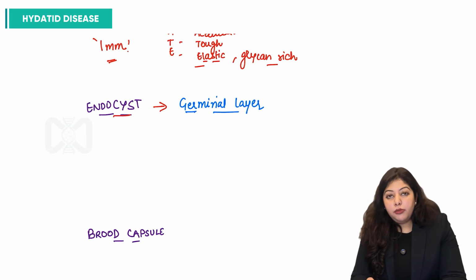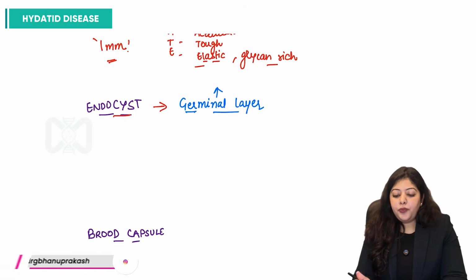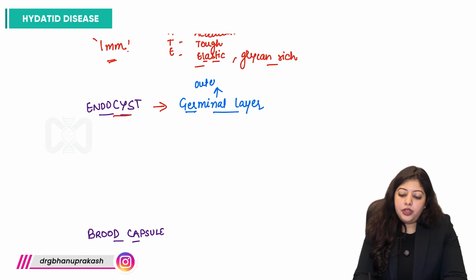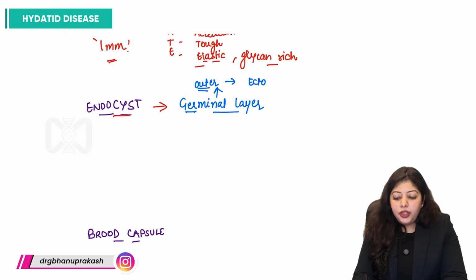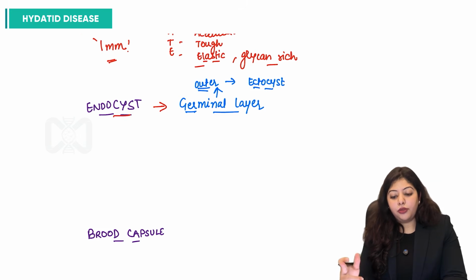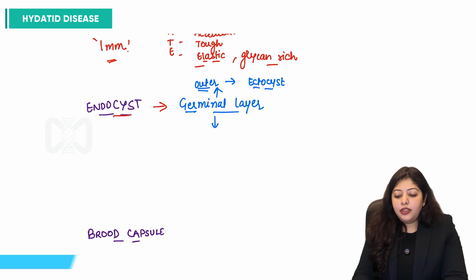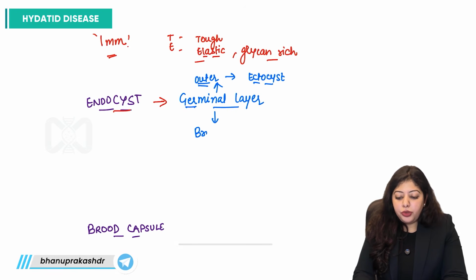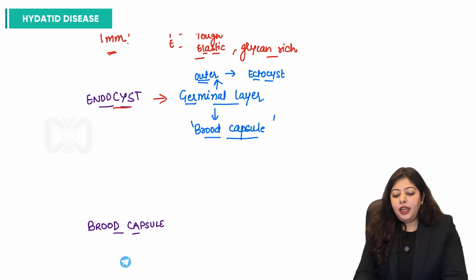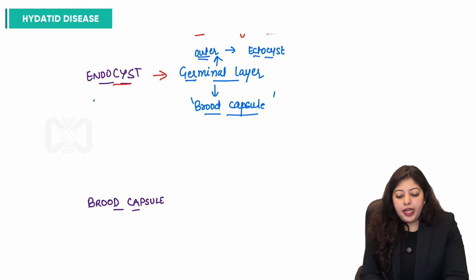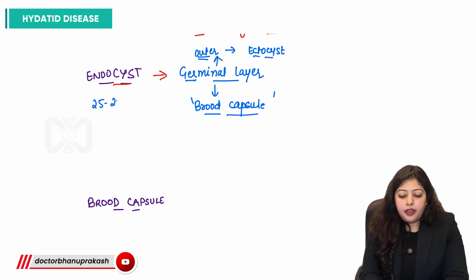Since it is the innermost layer, on the outer surface it is going to give rise to the ectocyst, whereas on the inside it is going to give rise to the brood capsule, right? And the thickness of the endocyst is around 25 to 27 micrometers, right? So this also you need to remember.